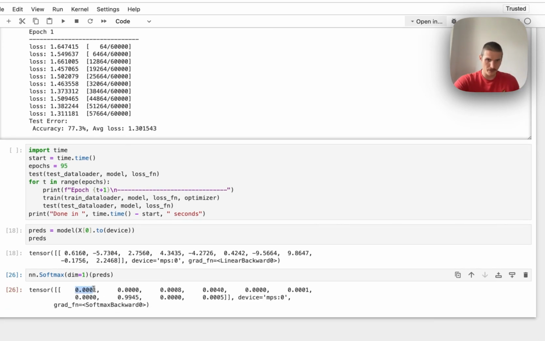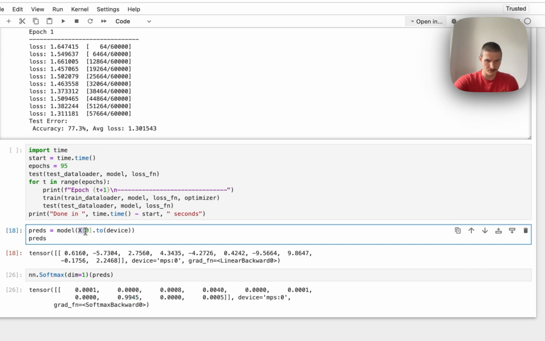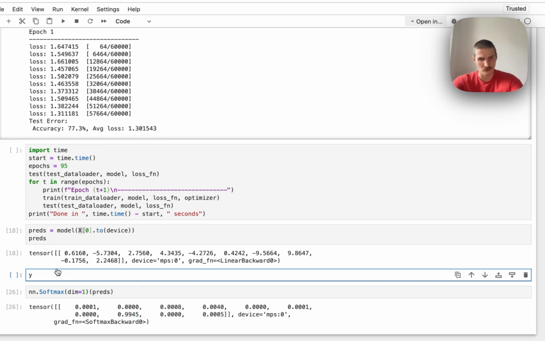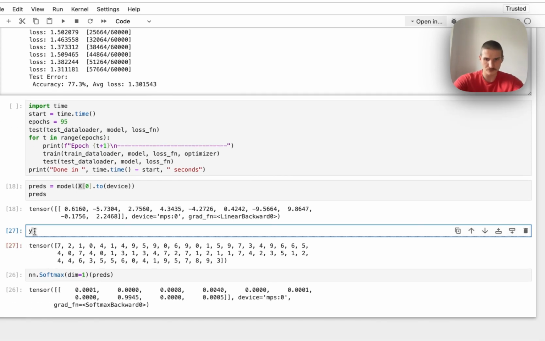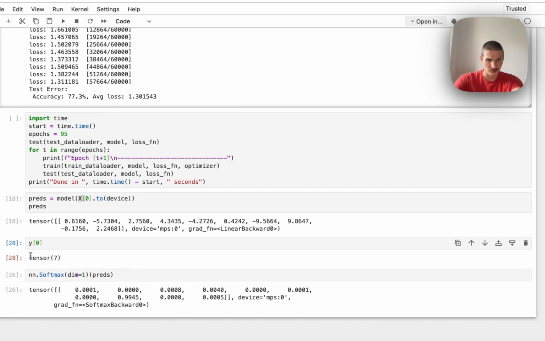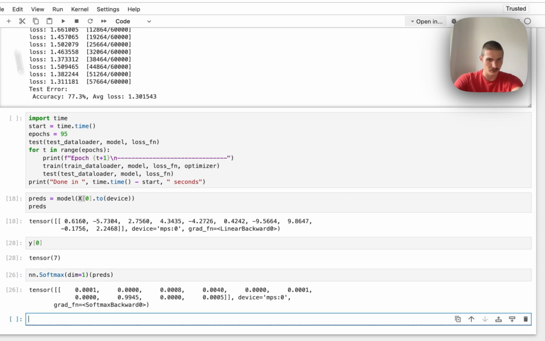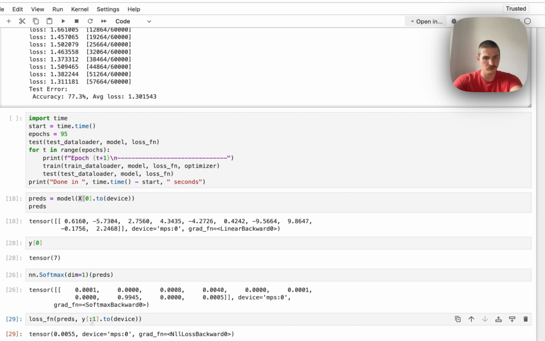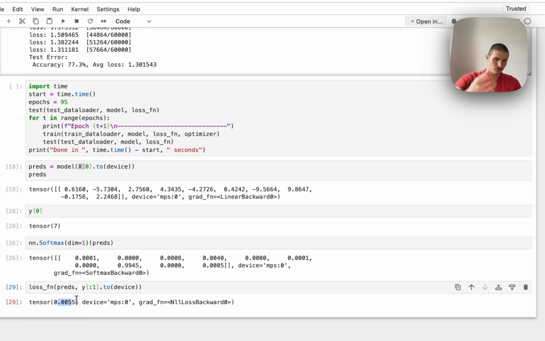So now the network is pretty sure that that's a 7. We're still looking at the same example for the number 7. There it is. And the loss is pretty close to 0 now. So this is how it works.